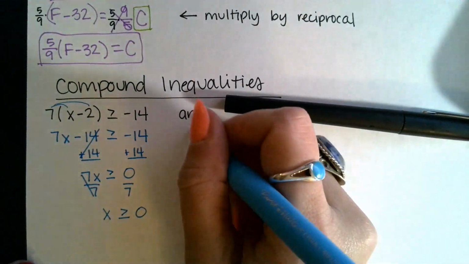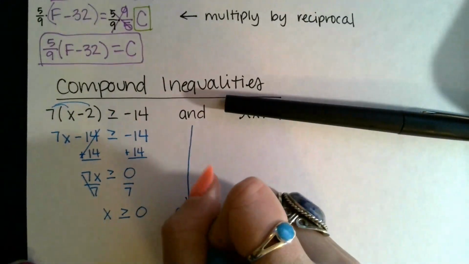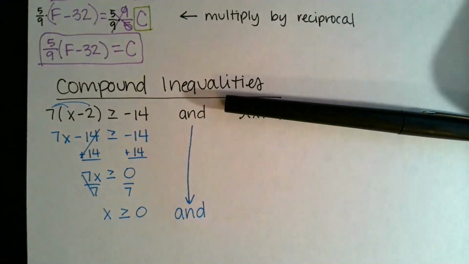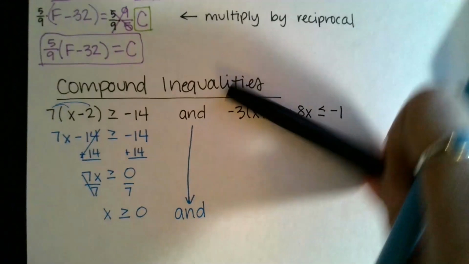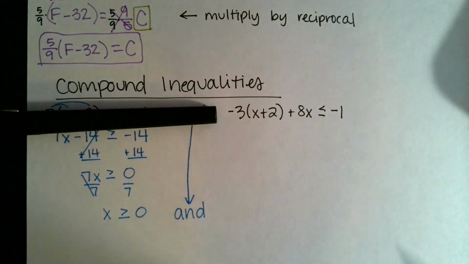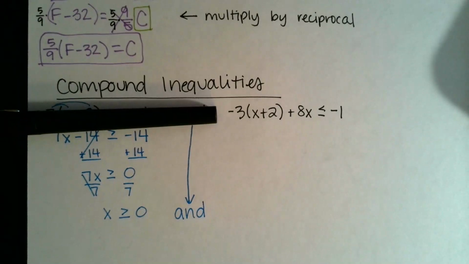We bring down our word, and then we move on to the second part. You should be an absolute pro at solving these right now. So I'm just going to go through and do it really quick.